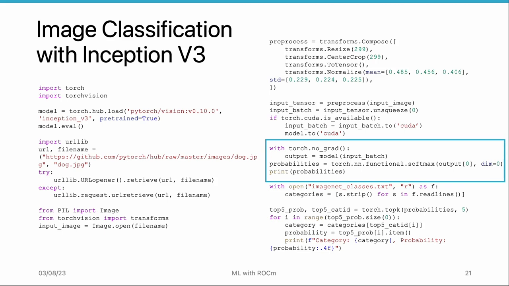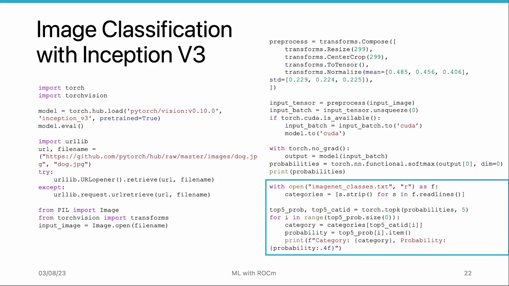Then we perform post-processing of the predicted probabilities to obtain the top 5 predicted classes and their corresponding probabilities. First, we open the file imagenet_classes.txt in read mode. This file contains a list of categories or class labels corresponding to the ImageNet dataset.